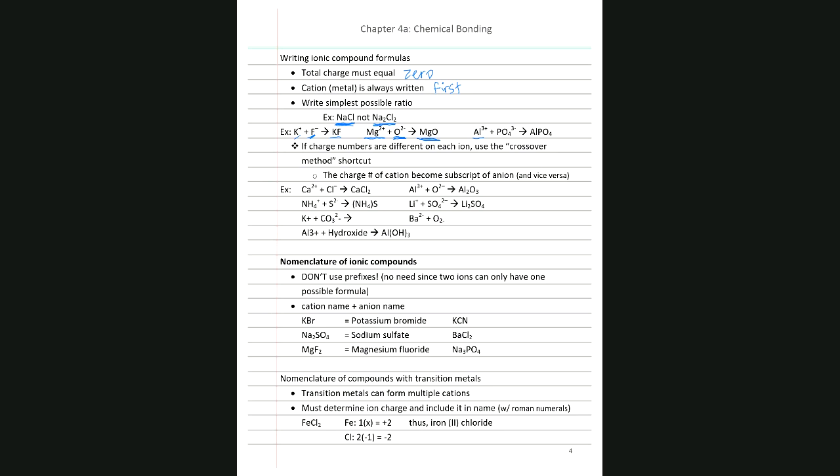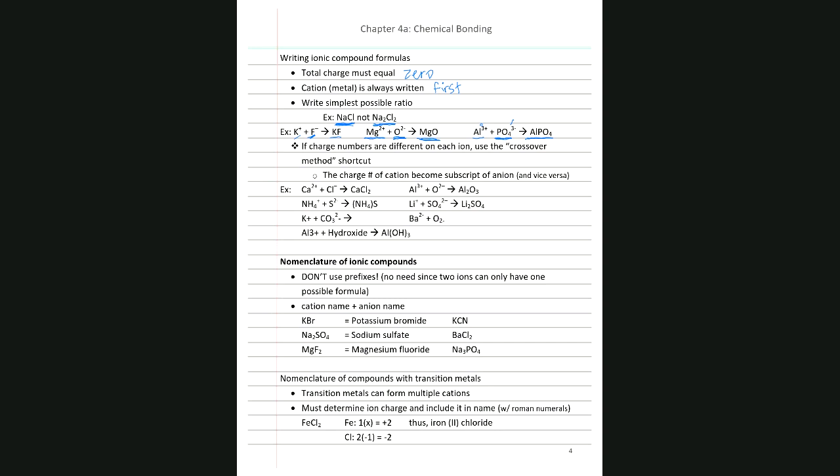And then here's another one, aluminum and a polyatomic ion, phosphate, combine. Their charges cancel out, so they combine to form the ionic compound aluminum phosphate. So it's easy when the charges are equal and opposite, when the charges have the same magnitude, 3 and 3, 2 and 2, 1 and 1.